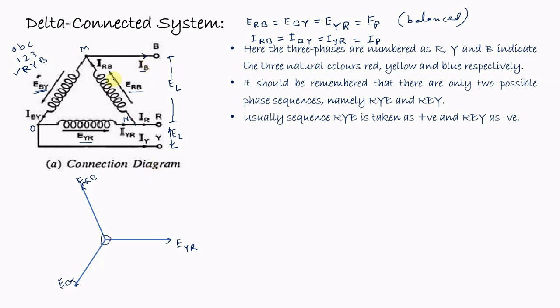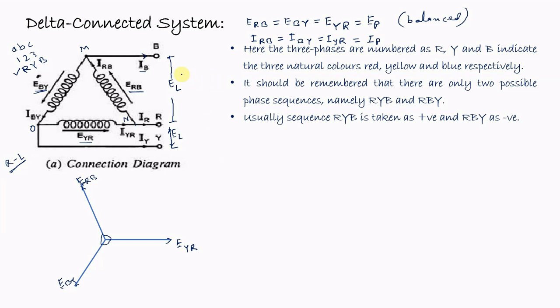As we have seen, a coil is used here, and the coil always indicates a resistive inductive circuit. The nature of the coil is resistive inductive. We also know that for a resistive inductive circuit, the current lags the corresponding voltage.